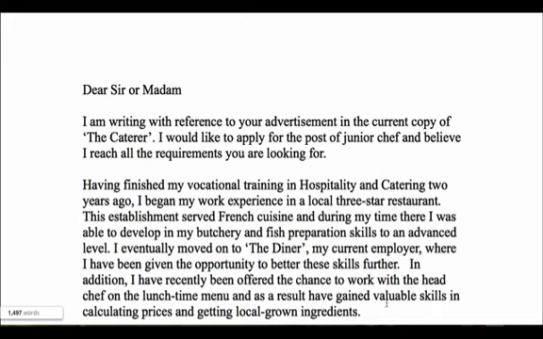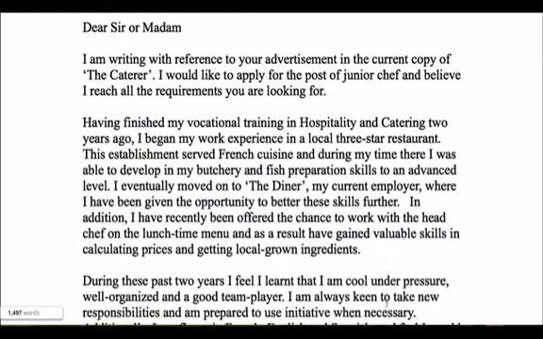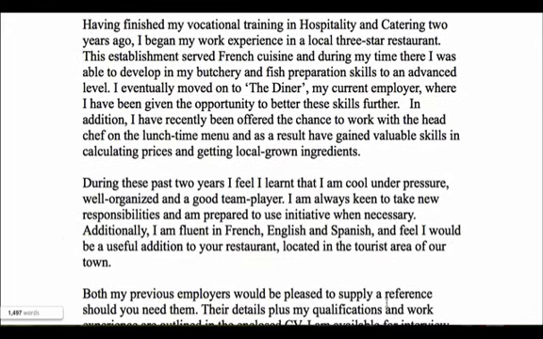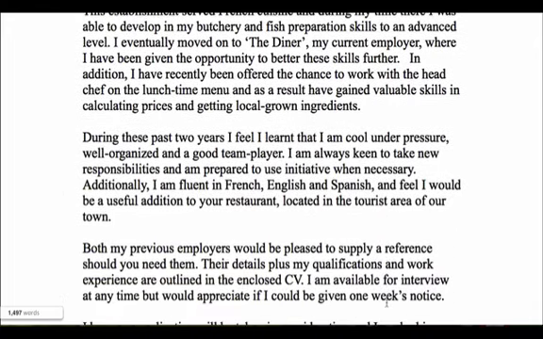I eventually moved on to the diner, my current employer, where I have been given the opportunity to better these skills further. In addition, I have recently been offered the chance to work with the head chef on the lunchtime menu, and as a result have gained valuable skills in calculating prices and getting local grown ingredients.